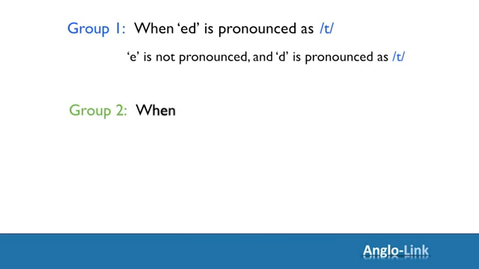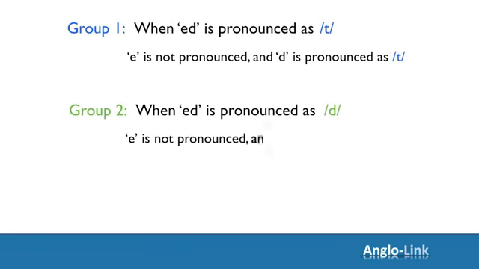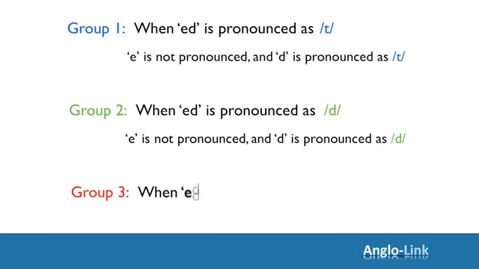In group 2, the ed is pronounced as d. So once again, the E is not pronounced and the letter D is pronounced as d. And finally, in group 3, the ed is pronounced fully as id.